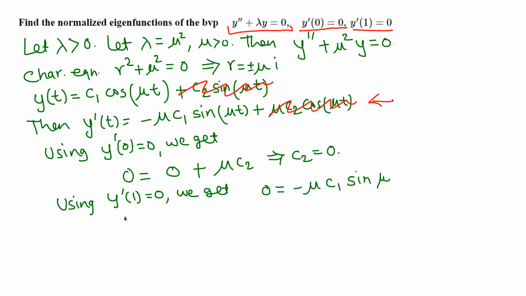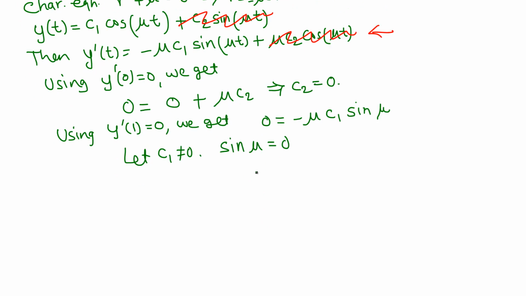So let c1 not equal 0, then that forces sine mu to be 0, and we know that sine mu is 0 when mu is an integer multiple of pi, n pi, like 0 degrees, but mu is positive, so 180 degrees, that's pi, then 2 pi, 3 pi, etc.